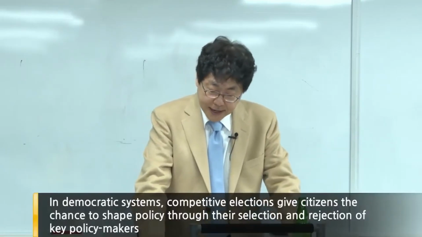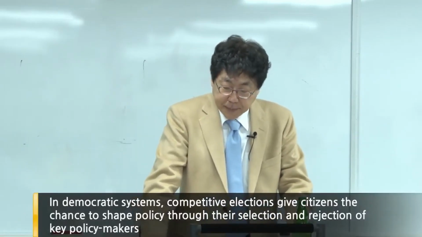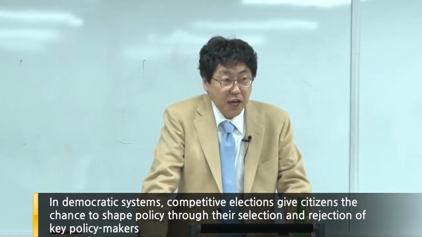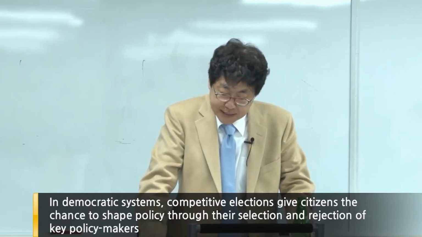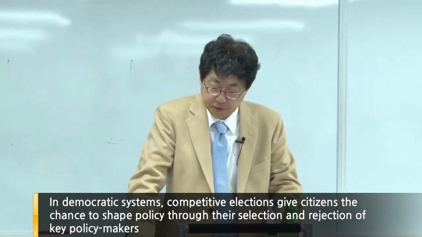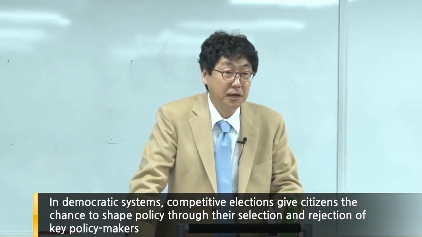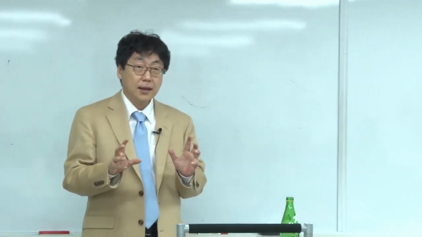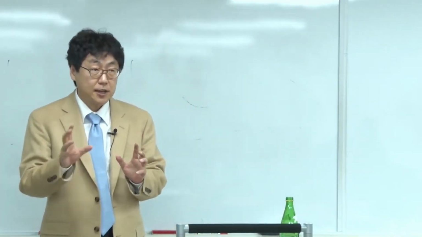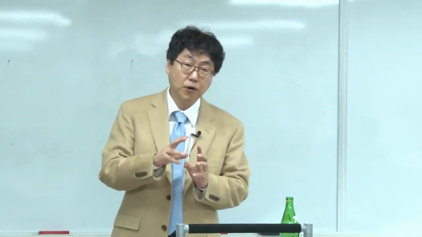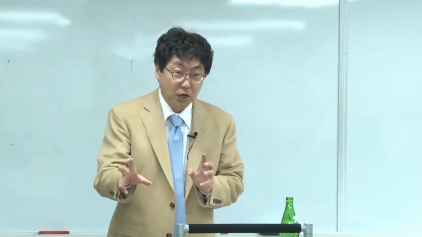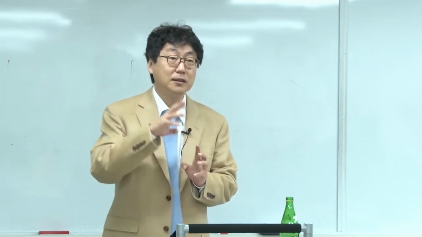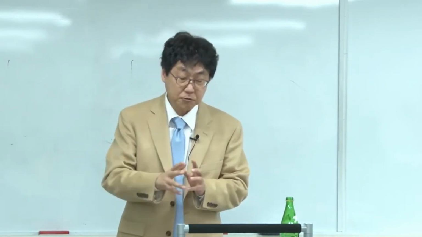In democratic systems, competitive elections give citizens the chance to shape policy through their selection and rejection of key policymakers. So here I'm going back to the general point that by electing someone or casting your vote for someone, you are not actually choosing that person, you are choosing the policy that that person represents.